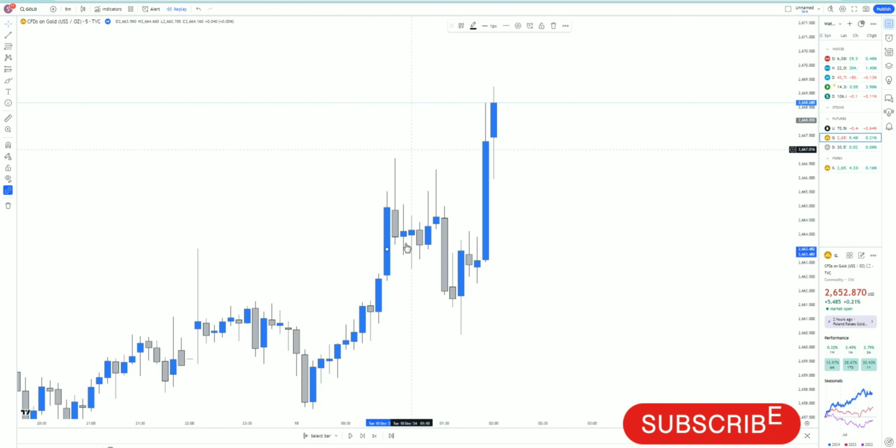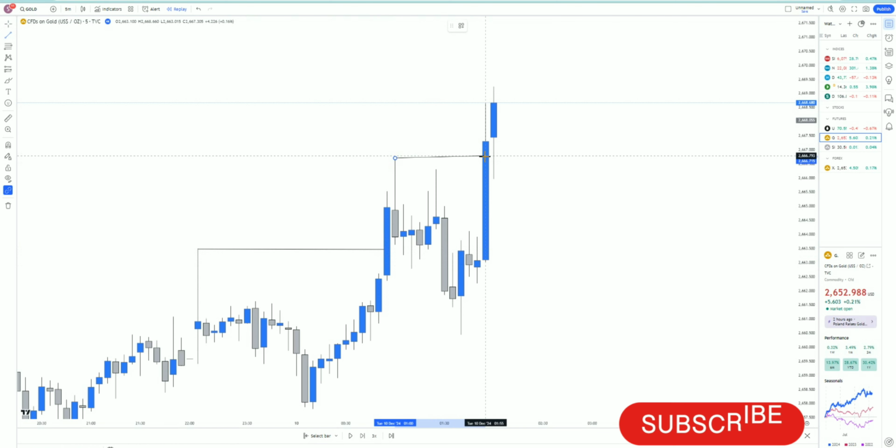So when the market is going up, breaking each high, then it's creating a BOS. That means that the market is creating higher highs. So that shows us that the market is in an uptrend, and that's the first confirmation that we now have.